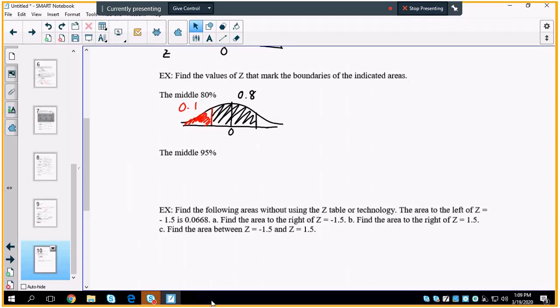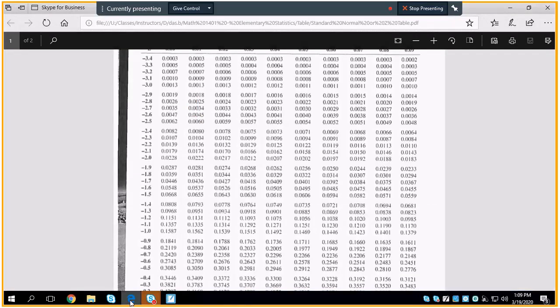Oh, actually, I'm sorry. We wanted 0.1. I was looking for 0.01. So 0.1. Still, we are in no luck because 0.1 is not there. You have 0.1003 and 0.0985. So I need both of them. I need 0.1003.